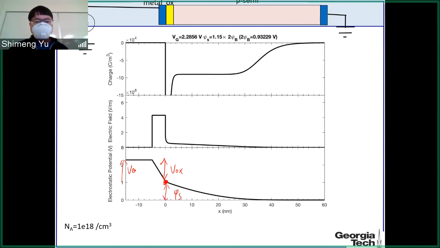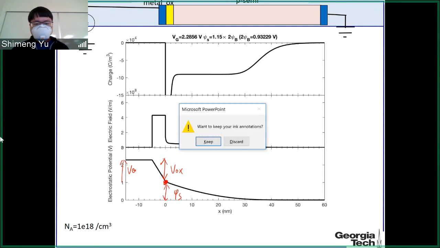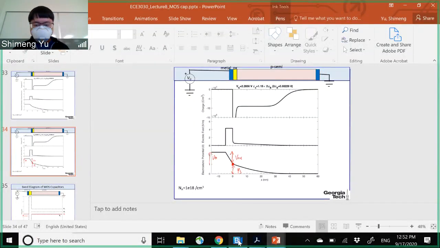So this is true. When you further increase the gate voltage above the threshold, the silicon surface is almost pinned at this 2 phi b. And then the additional gate voltage drop on Vox, the oxide. Okay. So those are the concepts.